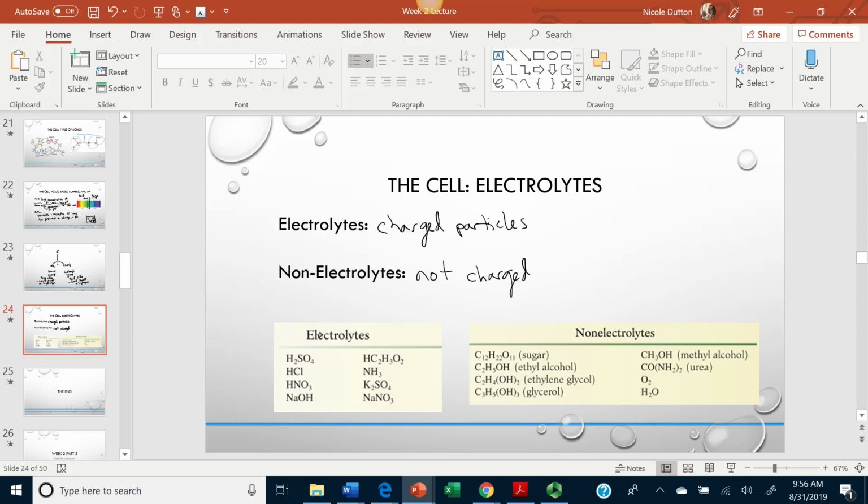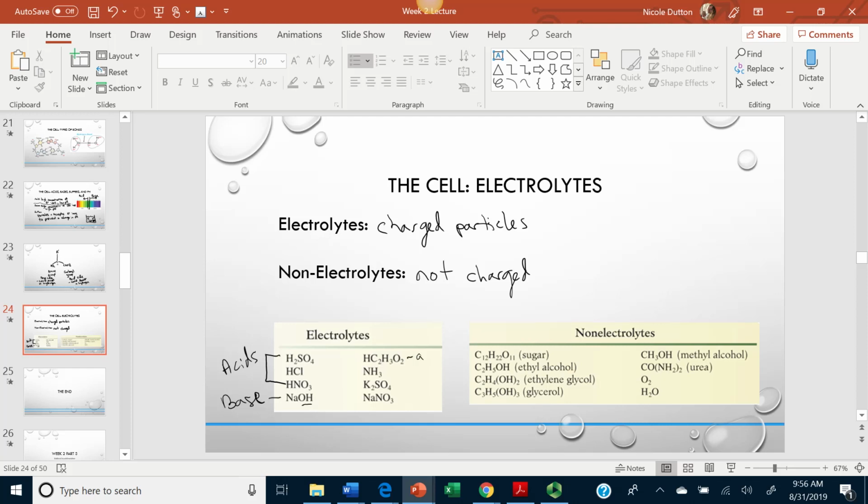So if we look at this table of electrolytes, you can see that anything that starts with an H, these are actually types of acids. Acids can serve as electrolytes. Anything that ends with OH is actually a base. And bases can serve as electrolytes.